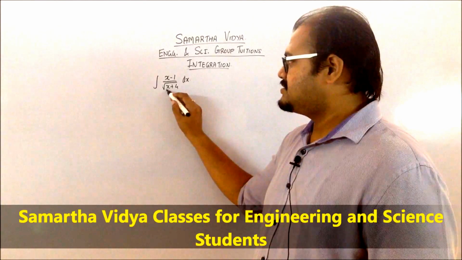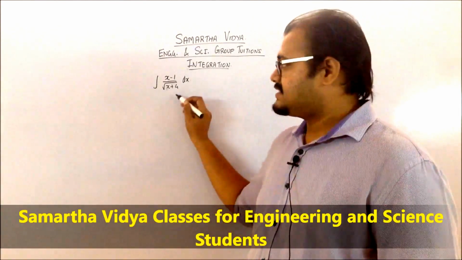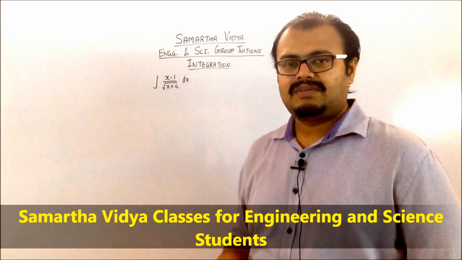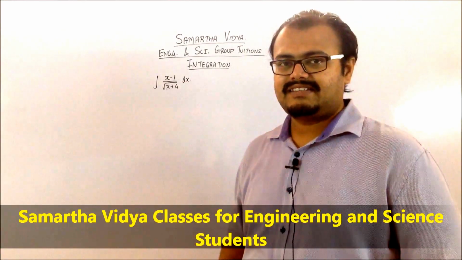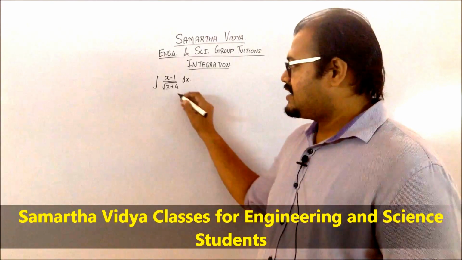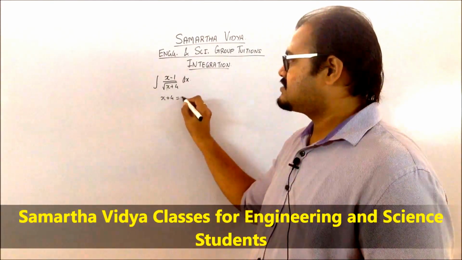You have the root of x plus 4 in the denominator. Most of the time, whatever is in the denominator goes inside the substitution. That is not always the case, but you can try it out. Now, I substitute x plus 4 as t.